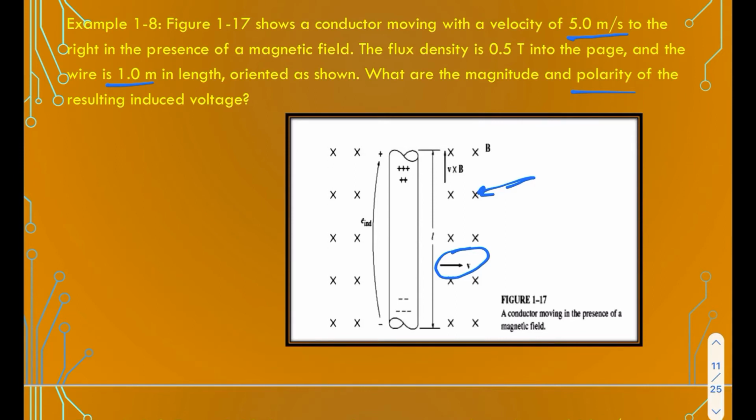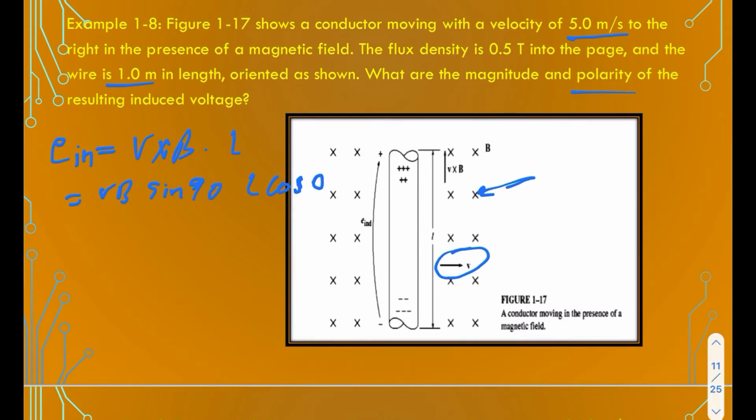E induced is equal to V cross B dot length. V cross B will be sine 90, multiplied by L, the length of the conductor, which is always cosine. Here there is no angle, so cosine 0.